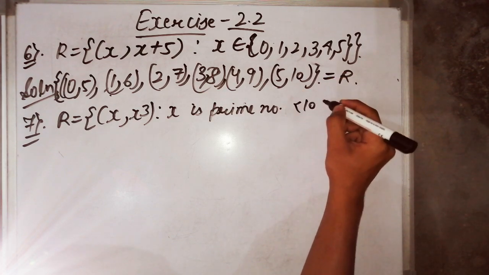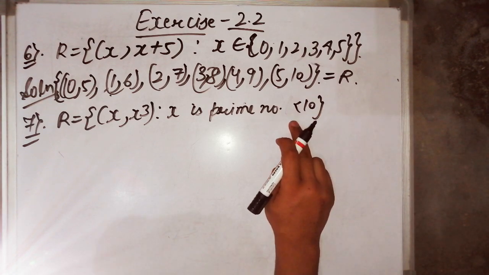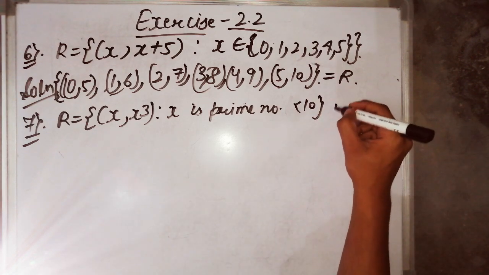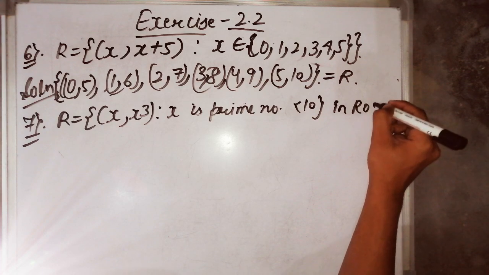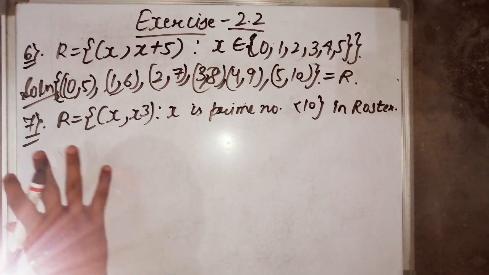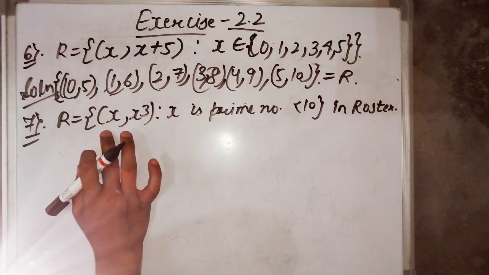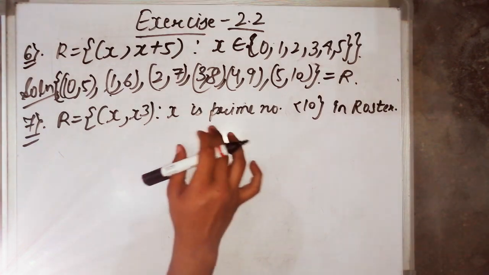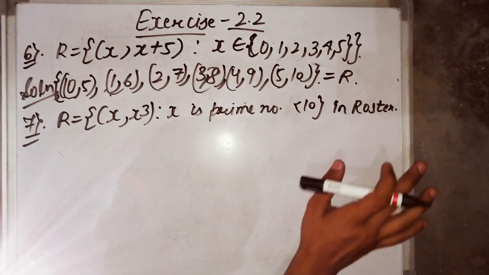We need to define a relationship x to x cube such that x is a prime number less than 10, in roster form.